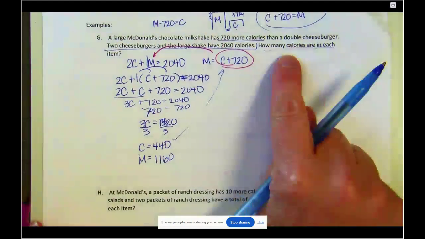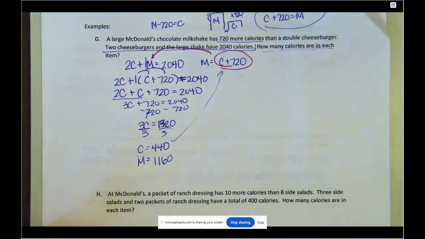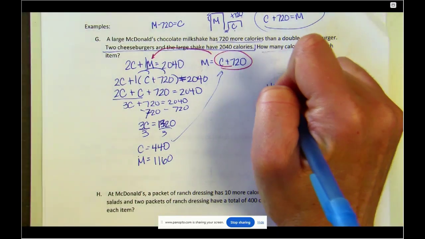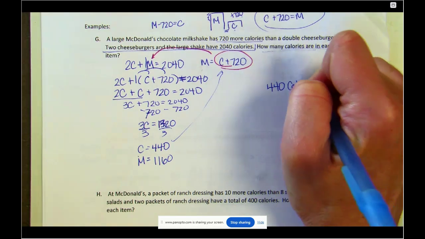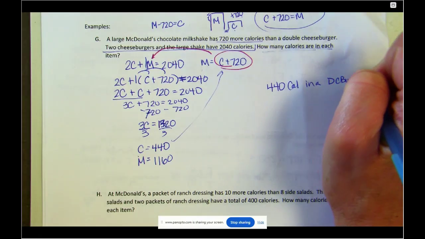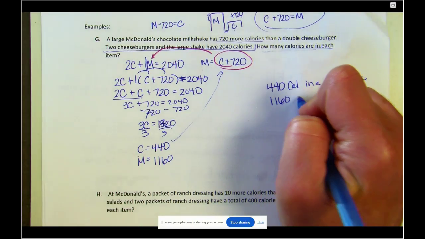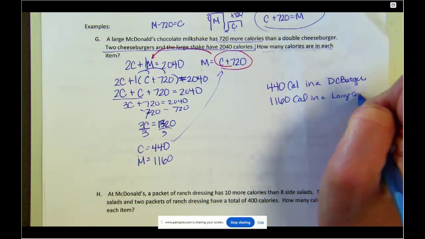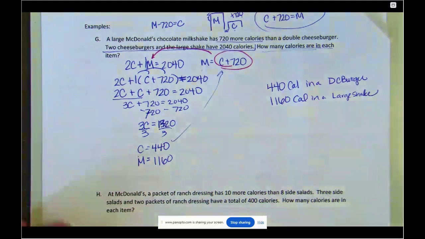And then don't forget, I know it's been like 2 weeks since we talked about this. How many calories are in each item? So 440 calories in a double cheeseburger. And then 1,160 calories in a large shake. That's a lot.